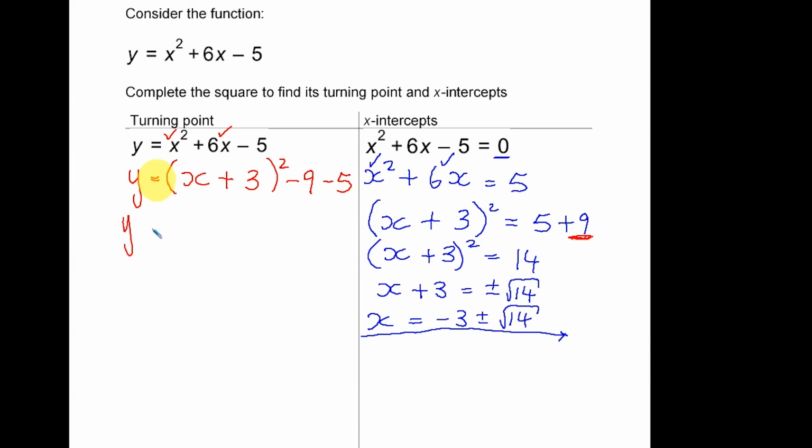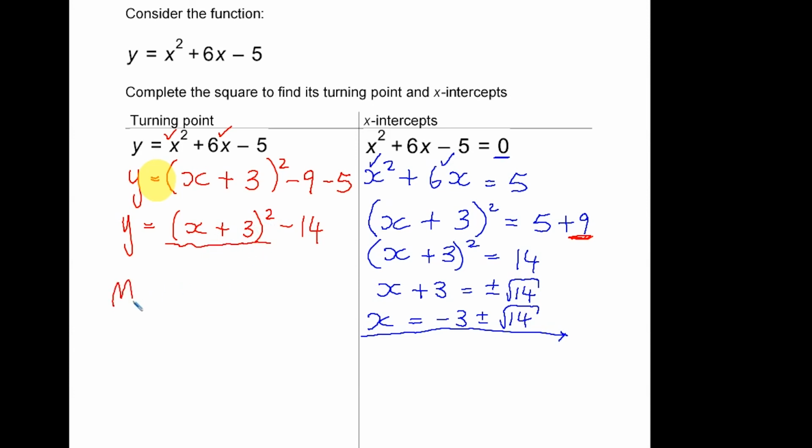Okay, if we now simplify this, we get y equals x plus 3 all squared minus 14. Now, a couple of ways of thinking about this. One is that if we square a number, it will always be positive. All right? It can never be negative. So in fact, the minimum value that this piece here can have is 0.